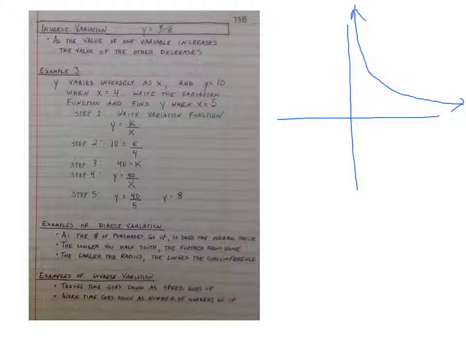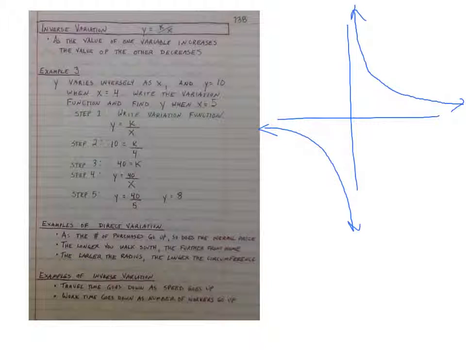As x gets smaller, our y value is going to get bigger. The left-hand side of the graph on variation functions is usually ignored because we're really focusing on what's going on over here. But that's a common graph for an inverse variation function.